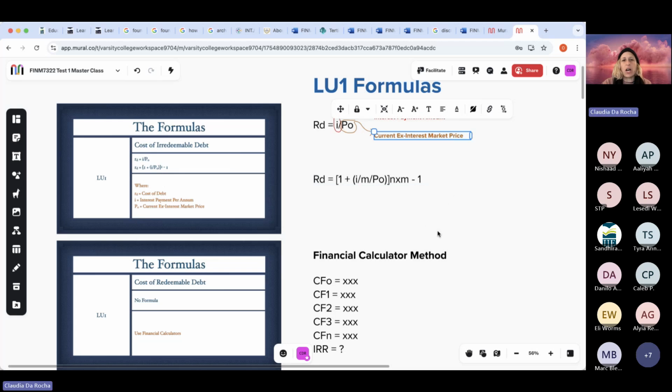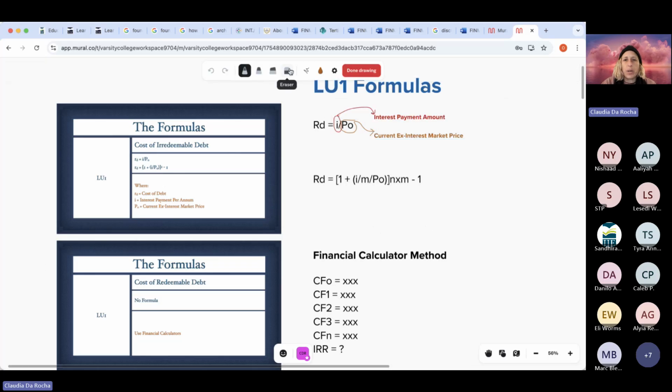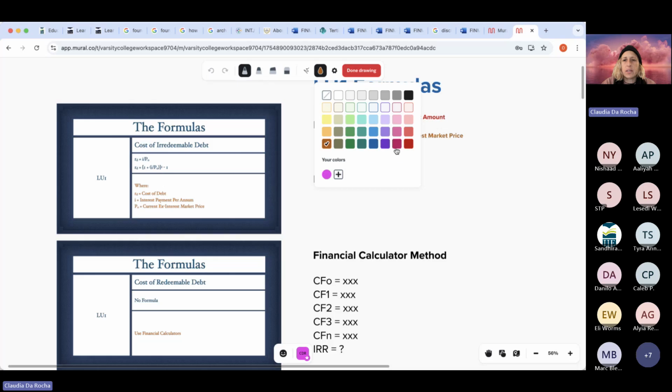Okay, then we've got our second formula. This second one, we use it when there is compounding. So I'm just going to note that.